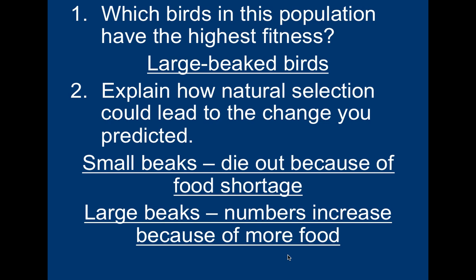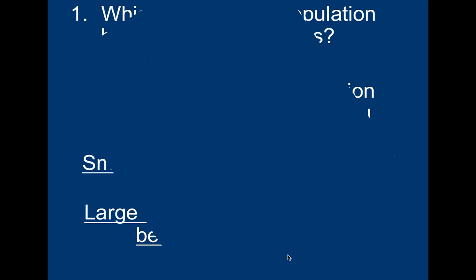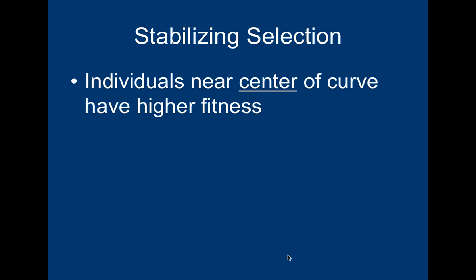Now, directional selection is actually kind of the easy one of the three. The other two, it's not that they're complex or complicated, you just have to kind of think a little bit. All right, so the next one is the stabilizing selection. In the stabilizing selection, individuals near the center of the curve have a higher fitness.